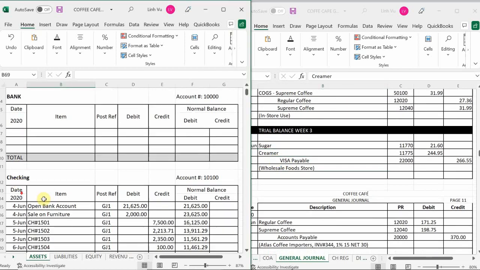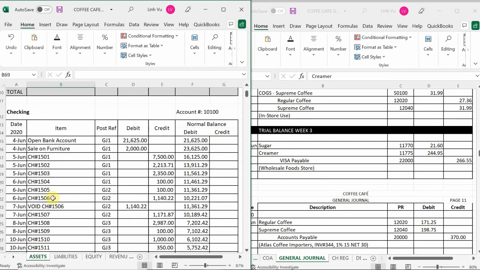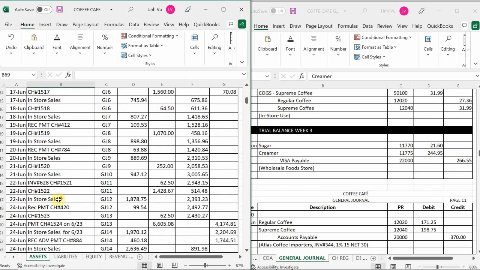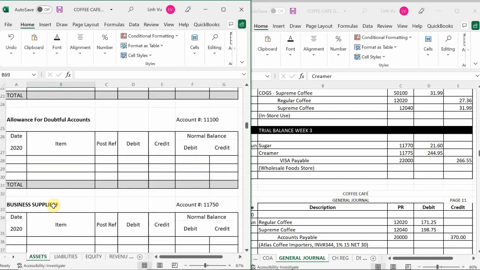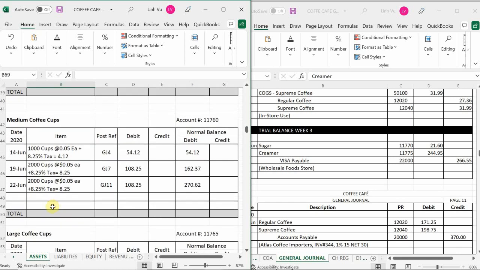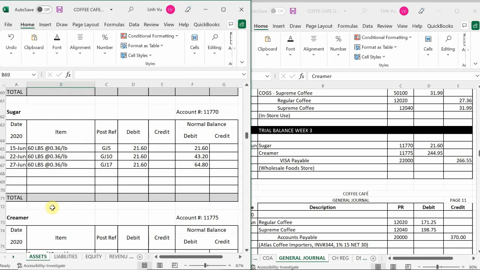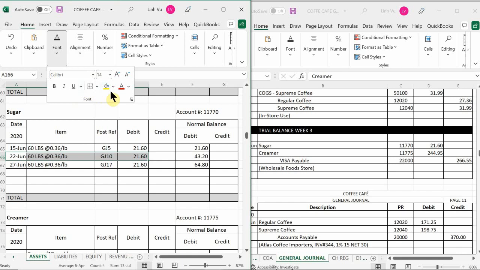So I'm going to highlight so I know where I left off. Sugar is what we started on the 21st, or the 22nd, sugar and creamer, right? We did enter it in for $21.60 here.